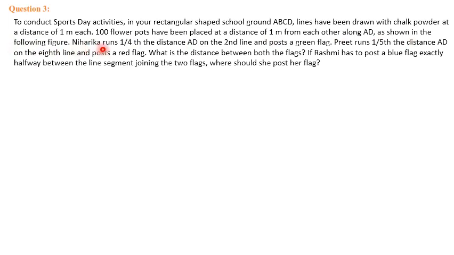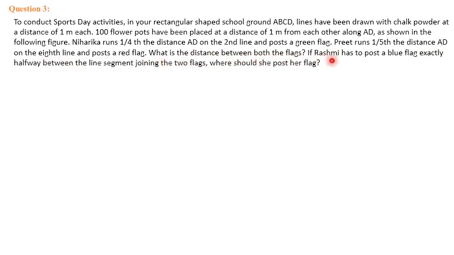And Niharika runs 1 by 4th of the distance of AD on the second line and posts a green flag. So she is running 1/4 of the distance of AD. First we have to calculate how much is the distance of AD. And Preet runs 1/5 of distance AD. Again distance AD is coming, means we have to calculate. Then what is the distance between these two flags?